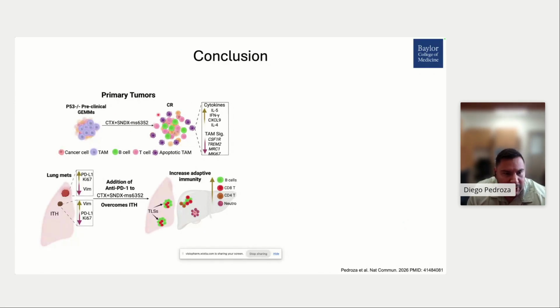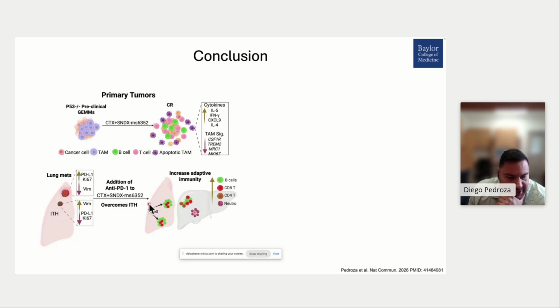is that in our primary tumors, our combination treatment, where we see a complete response, we see increase in certain cytokines, including interferon gamma and CXCL9, with decreased tumor-associated macrophage signatures such as CSF-1R and TREM2. In the lung metastases, we initially see intra-tumoral heterogeneity that is associated with resistance.